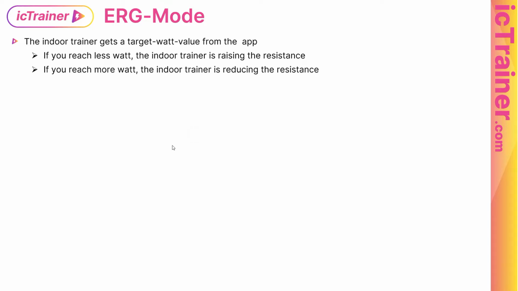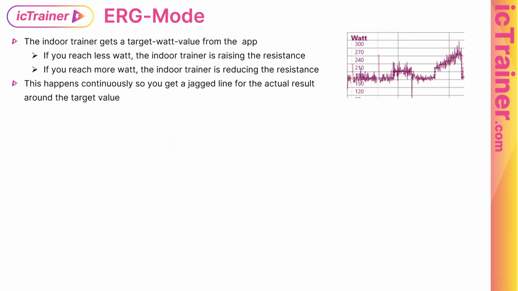And also if you reach more watts, then the indoor trainer is reducing the resistance. And so this happens continuously, and so you get a jagged line from the actual result around the target value, as you can see here.